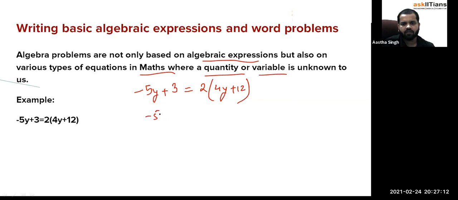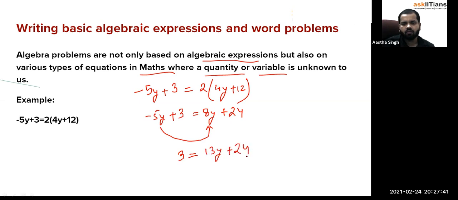So minus 5y plus 3 will be equal to 8y plus 24, since 2 multiplied by 4y is 8y and 2 into 12 is 24. Here the minus term will go to the RHS and become plus. So 3 will be equal to 13y plus 24.